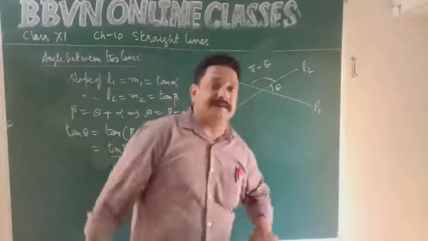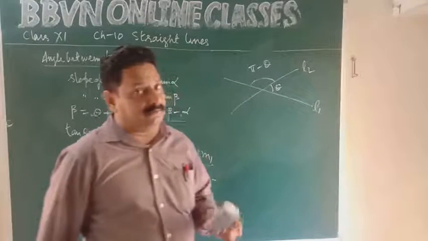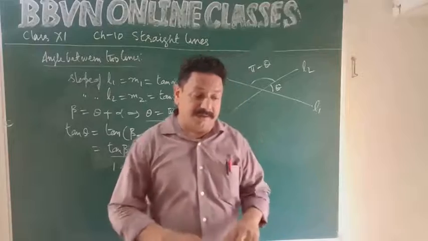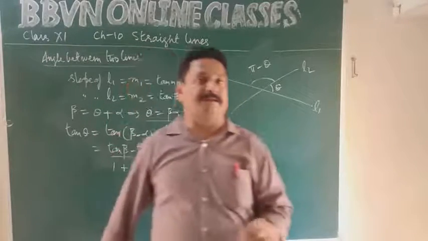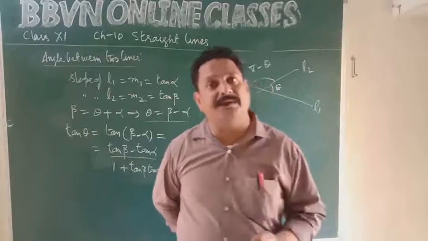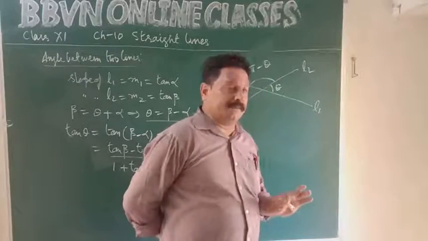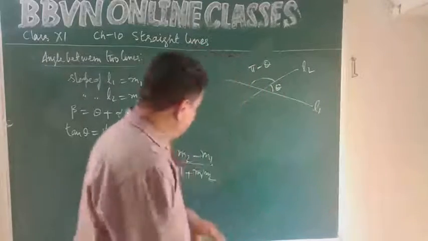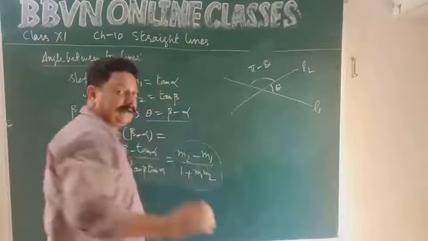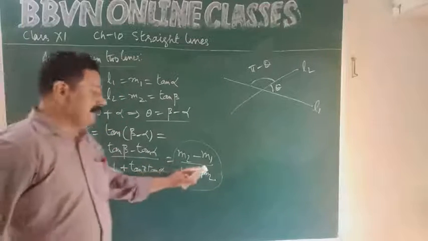For pi minus theta, an angle that measures more than 90 degrees, the tangent ratio is always negative. Here theta is acute, so the tangent ratio is positive. Whenever you talk about any two lines which intersect and are not perpendicular, the angle between them should be considered as the acute angle. Do not take the obtuse angle. So if theta is acute, this value should be positive. Tan theta should be positive.